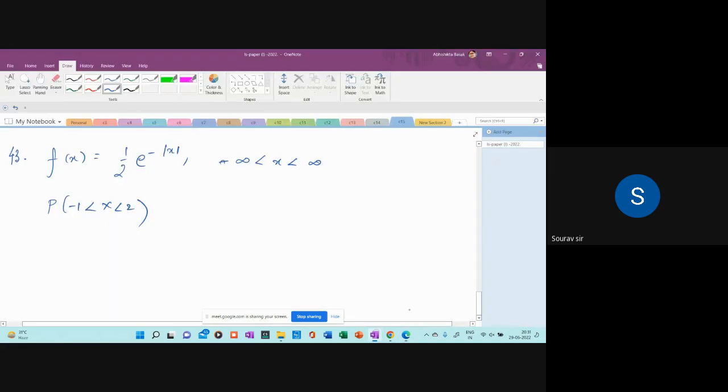Okay, so let me briefly recall the definition of mod x. Mod x is equal to x if x is greater than 0, equal to minus x if x is less than 0, and equal to 0 if x equals 0. So as you can see, this is actually a PDF. x equals 0 has probability 0 in a continuous distribution.